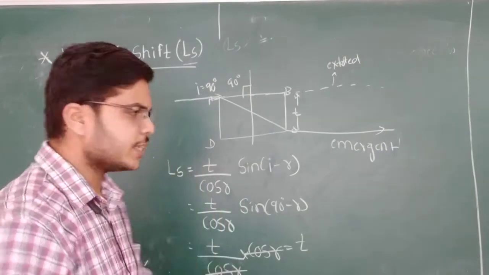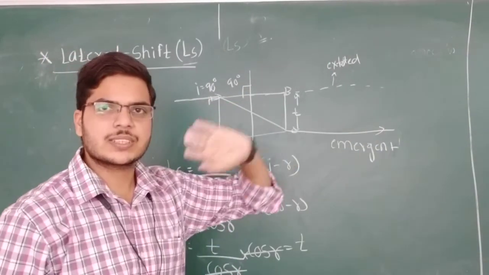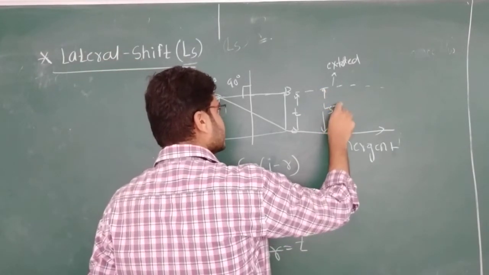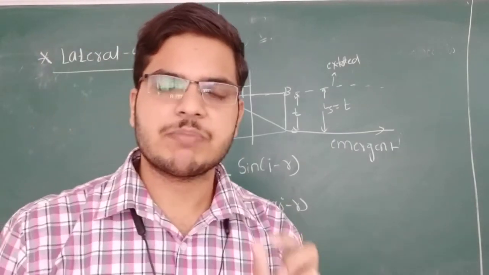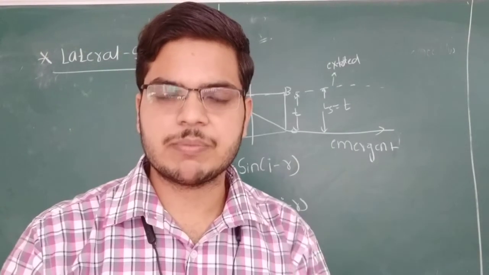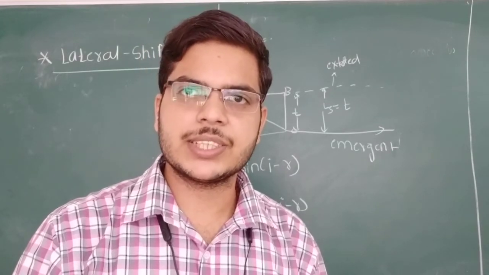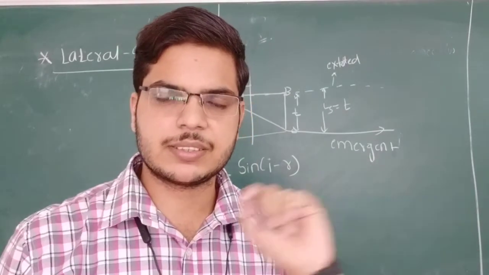You are making the ray incident on the upper surface, but the ray is going out of the lower surface. Therefore, in this case, we get the maximum lateral shift, which is equal to the thickness of the parallel-sided glass slab. Is it clear? In the case of lateral shift, there is a horizontal shift along the x-axis.